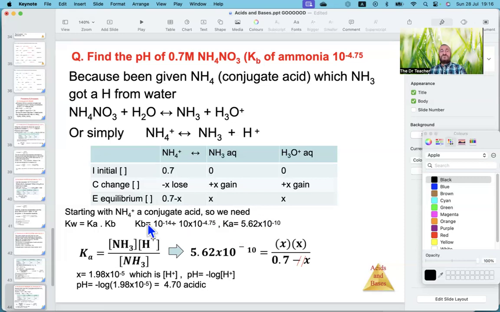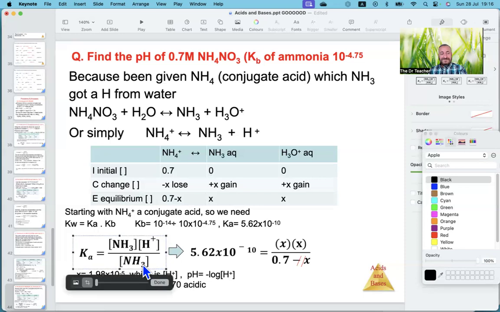So now we put the Ka back. It's the concentration of ammonia times hydronium divided by the ammonium. Sorry, this should be NH4 plus, there is a mistake here.